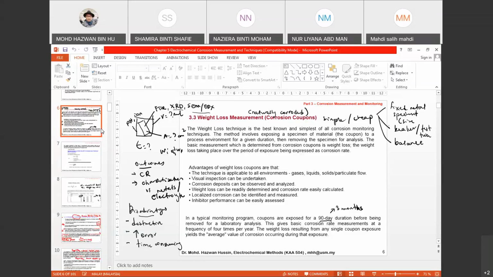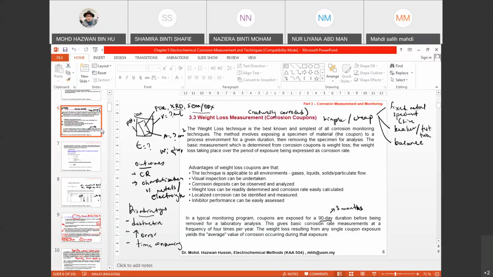Advantages, of course, it can be applied to various types of environment. But the major disadvantage is that it is a time-consuming process, compared to other electrochemical techniques, which are mostly induced current techniques.